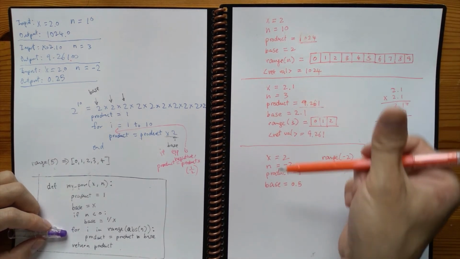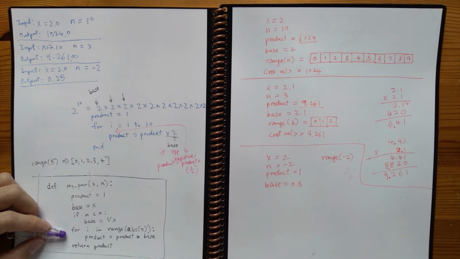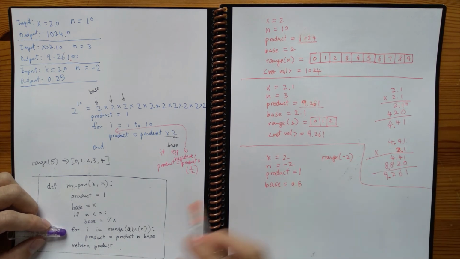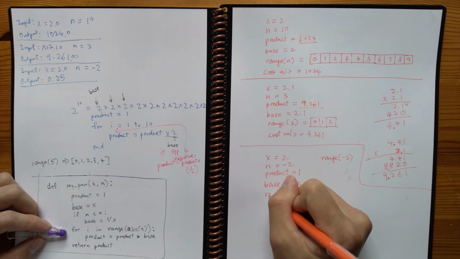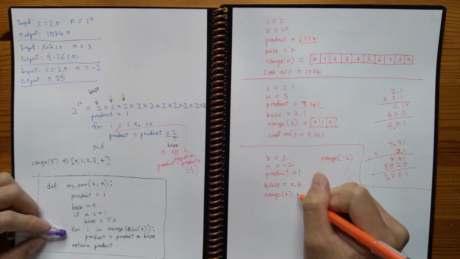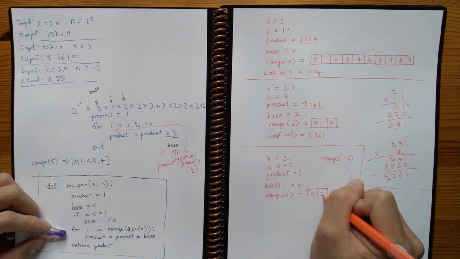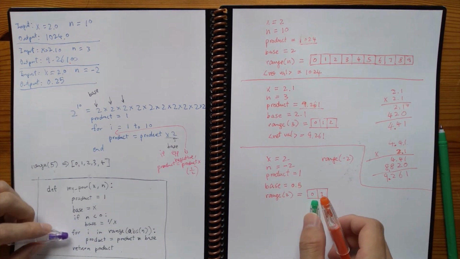While the computer is executing the code, you see a mistake in the code, you fix it just in time before the computer executes it. Anyway, so now with this absolute value in place, we're going to end up doing a range of 2, which is going to give us the array or list, as we say in Python, that has the numbers 0 and 1, and we're going to have a pointer here.